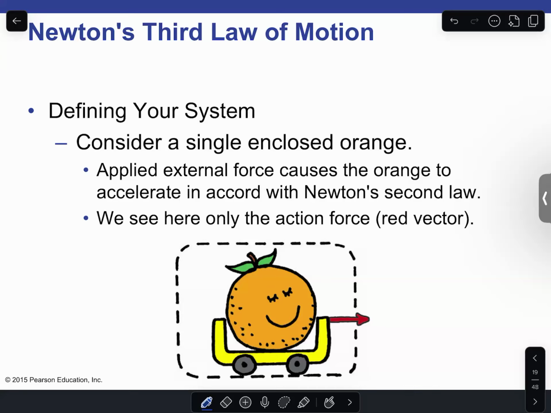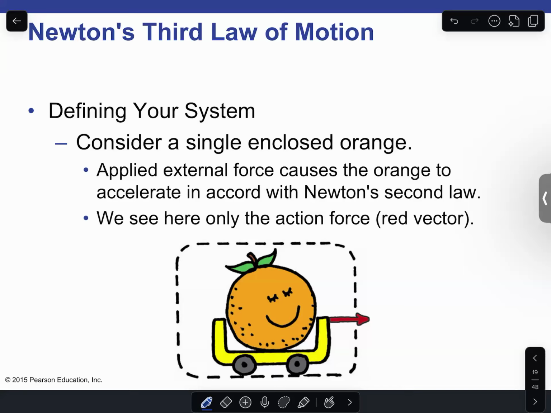Question? Sure. Okay, so again, if my object under study, what I call my system, where I've drawn my dotted line, is Nalo and his cart, I am pulling Nalo and his cart. I exert a force on him. Sure, that's true. And by the third law, the pull of professor on cart is equal to the pull of cart on professor.